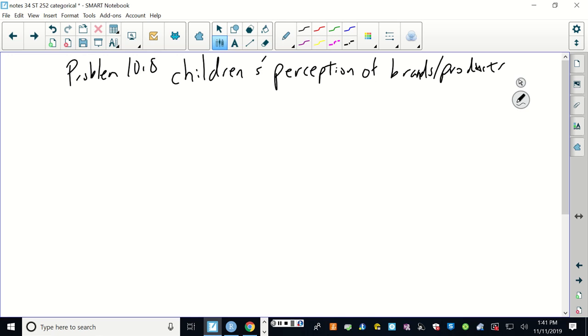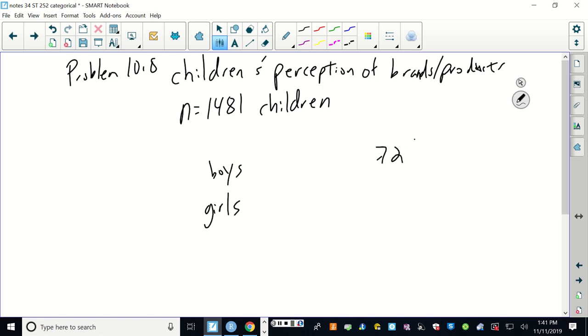This was a survey done in rural China, of children who had seen some advertisements and what they think about these things. They had 1,481 children, some of them boys and some of them girls. There were 726 boys and 755 girls. That adds up to our 1,481 total.